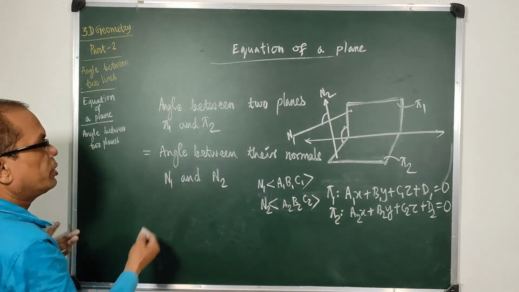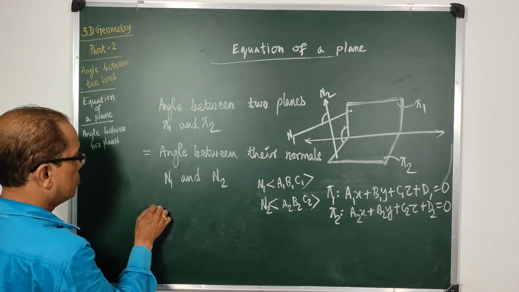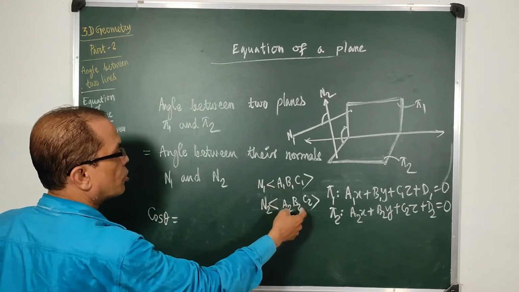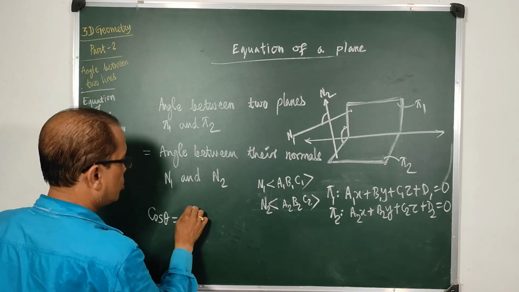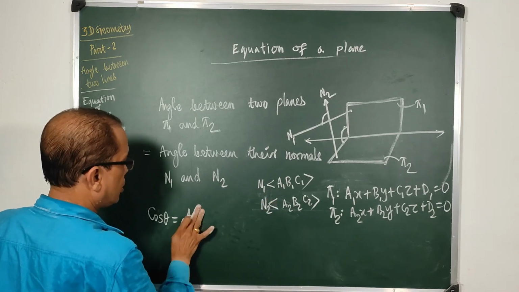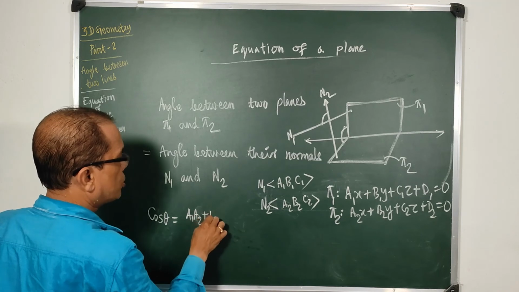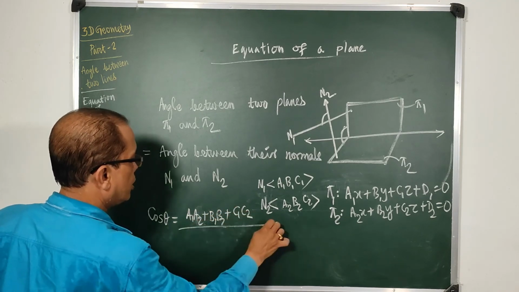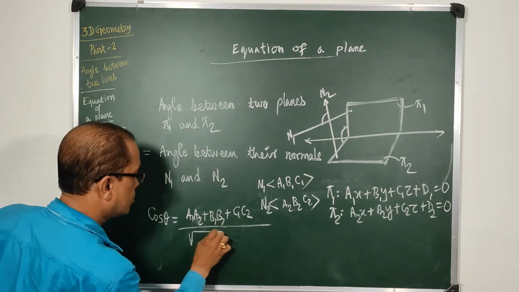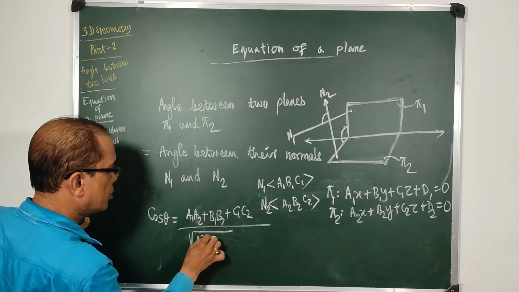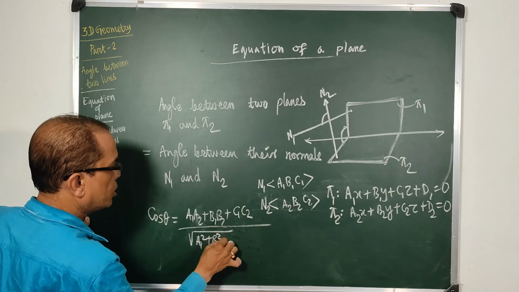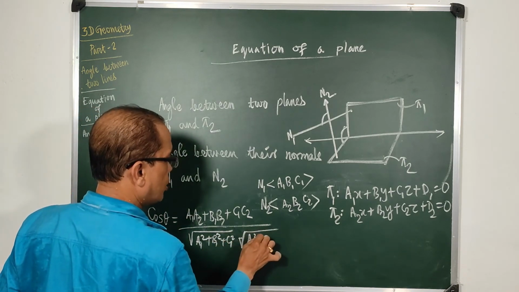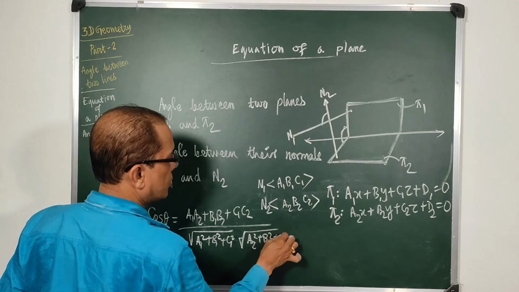So what will be the angle between the two normals? Now it is given by cos theta is equal to the sum of the products, a1 a2 plus b1 b2 plus c1 c2 divided by lambda 1 lambda 2, which are root over a1 square plus b1 square plus c1 square and root over a2 square plus b2 square plus c2 square.